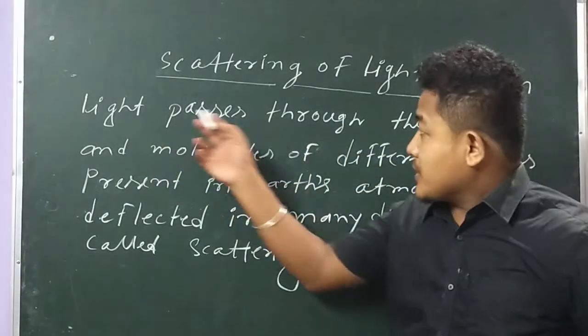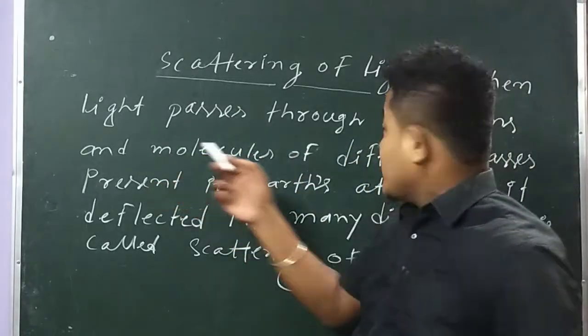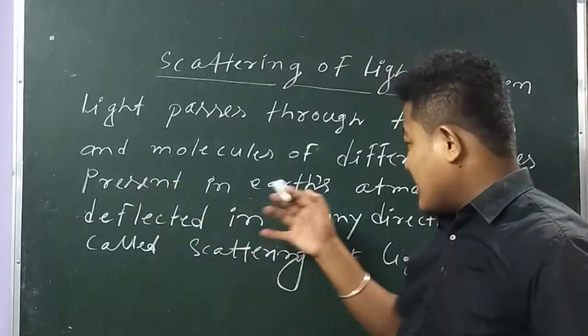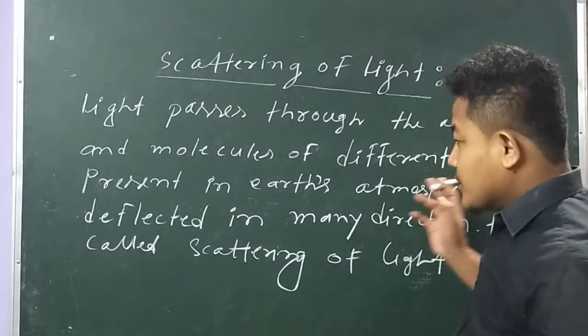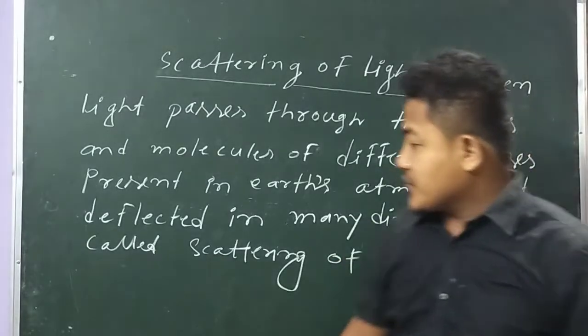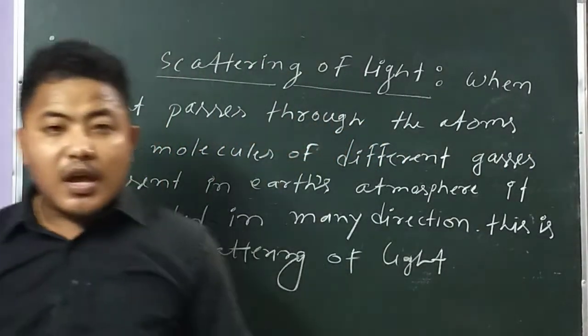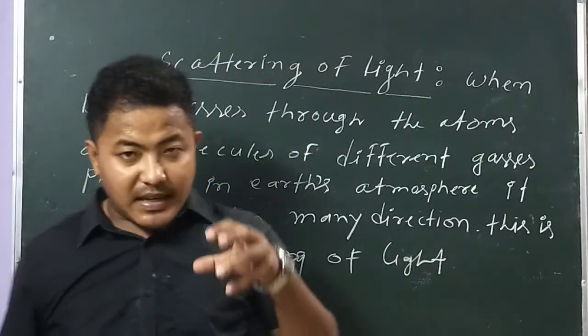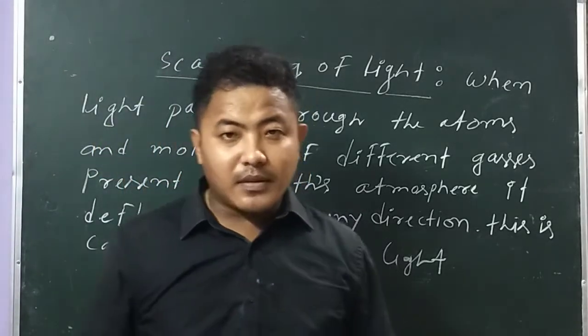When light passes through the atoms and molecules of different gases present in the Earth's atmosphere, it is deflected in many directions, and this is called scattering of light. As you know, our Earth is surrounded by a layer of gases.